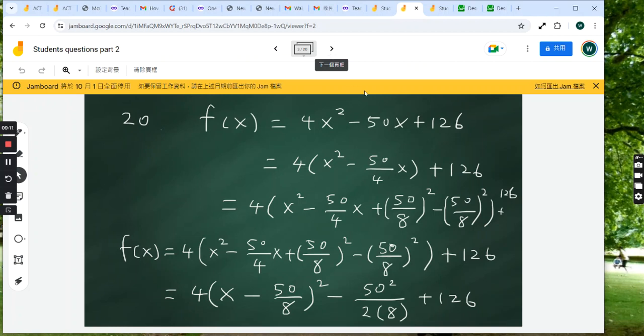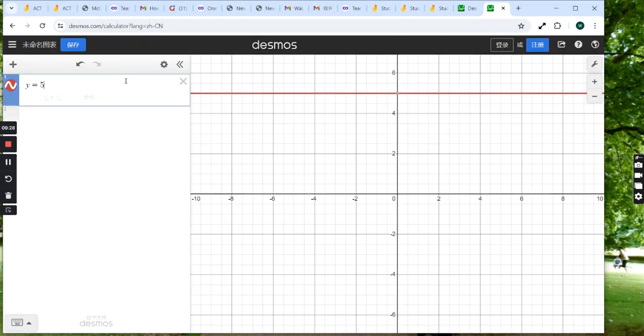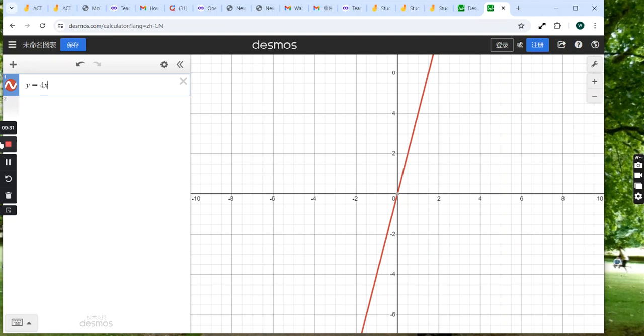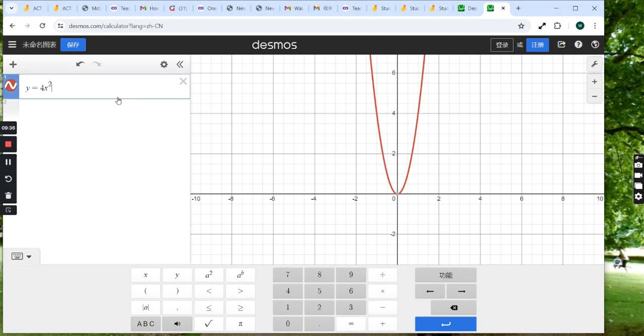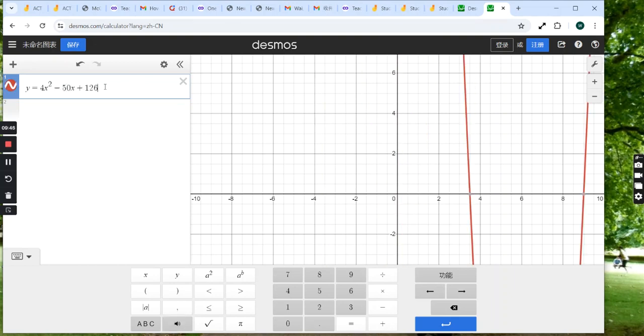What you need to do is graph this, call it y. Y equals 4x squared minus 50x plus 126.